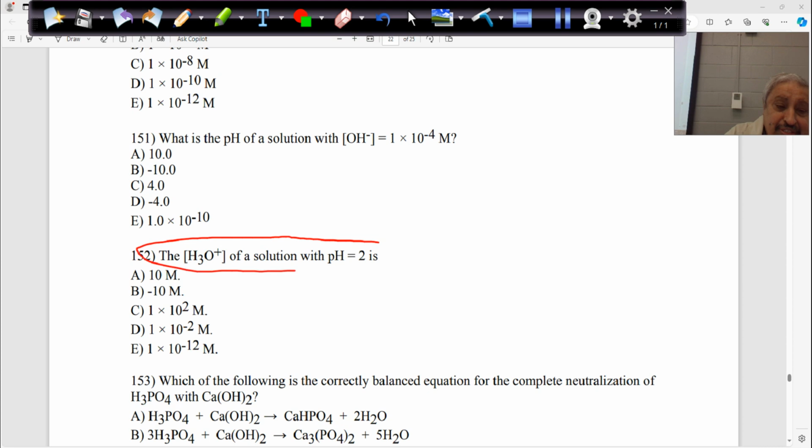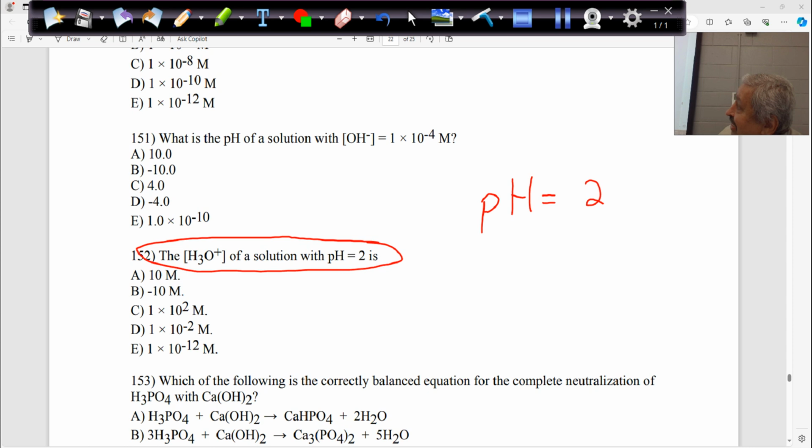So I give you this, and you have to get the hydronium ion concentration of a solution with a pH of 2. What is the concentration of the hydronium? That's the question. So pH 2, correct? That's one sig fig. After the digits the pH is 1.